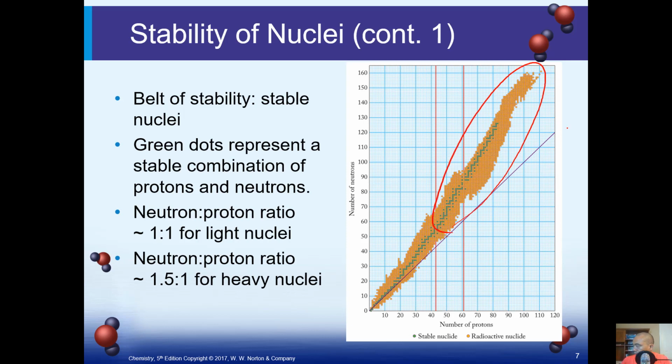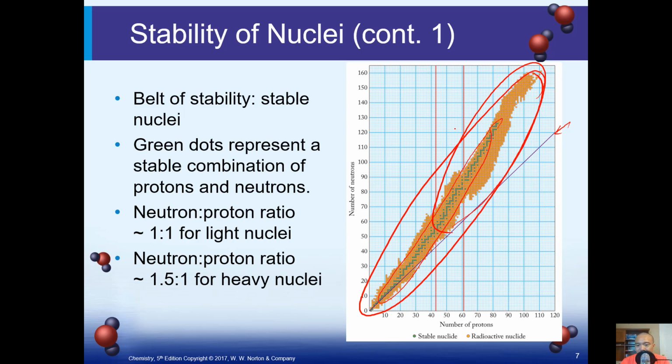The purple line you see over here represents the neutron to proton ratio of 1:1. The orange-brown region, as circled, represents the neutron to proton configuration of all known nuclei, while the green dots represent nuclides having a combination of neutrons and protons that are stable.